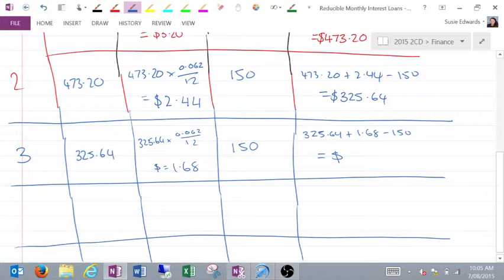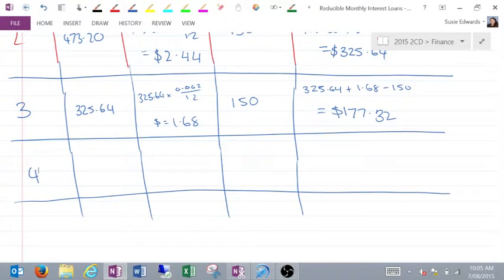Mitchell. Well, you can start the next bit. 177 and 32 cents. All right. Okay, let's do the next one quickly, and then the last one everyone needs to focus again. Okay, so 177.32. I'm not even going to write the bit because if someone works out what the interest is.